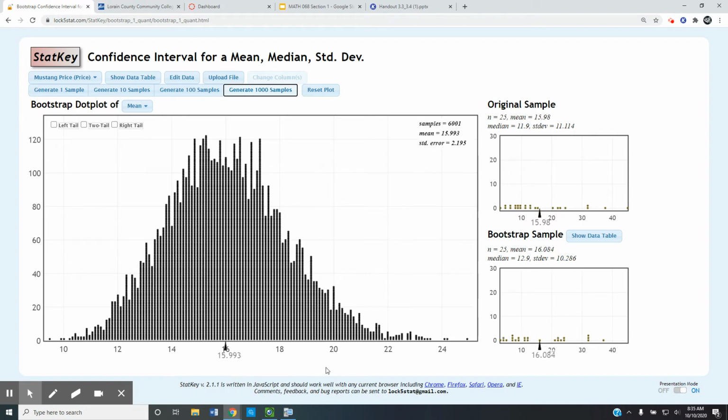But remember, this bootstrap distribution is to this sample as this sample is to the population. We're going to infer a confidence interval level here that can then be applied to the sample statistic, which we can apply back to the population parameter.